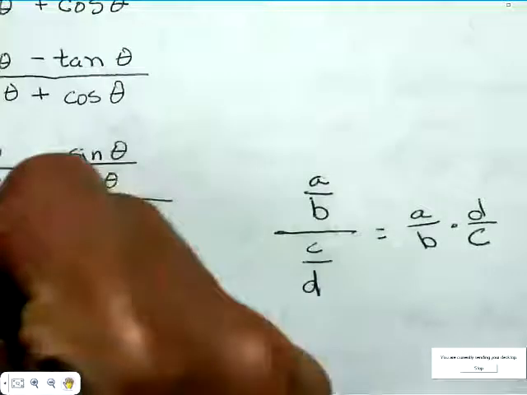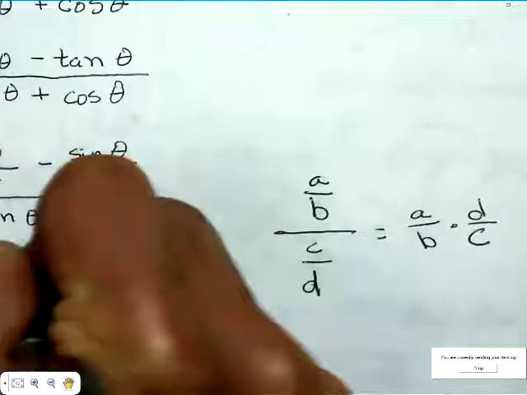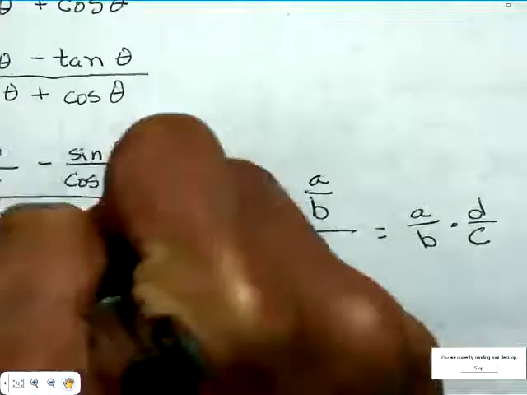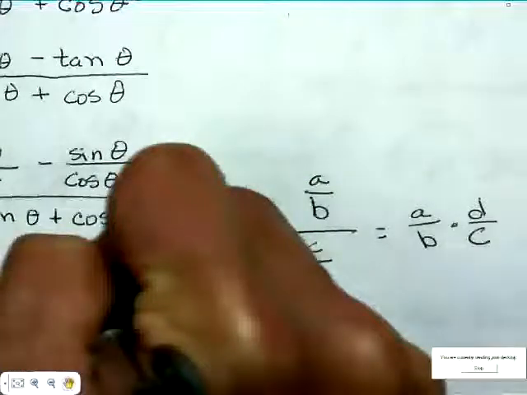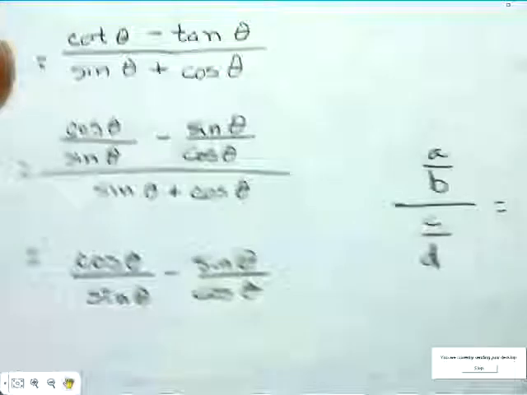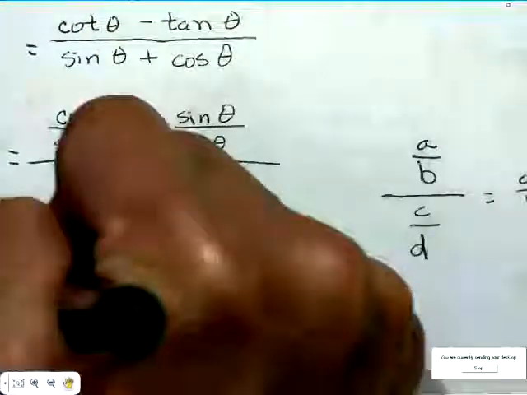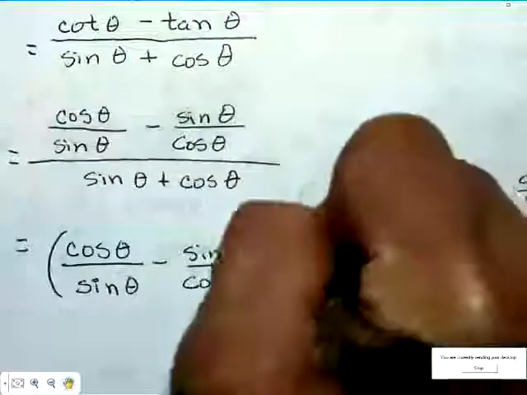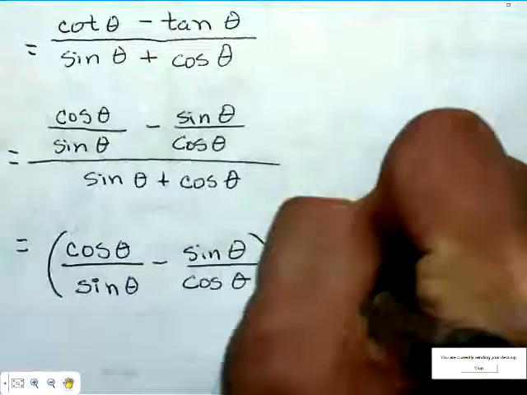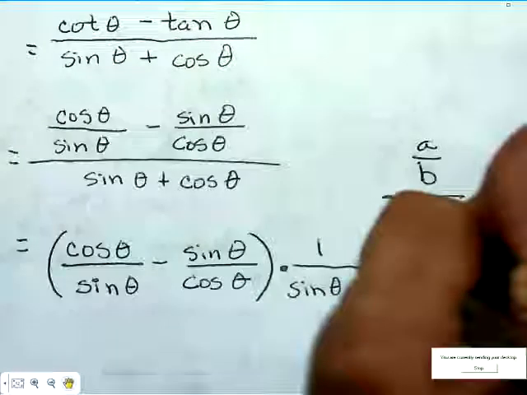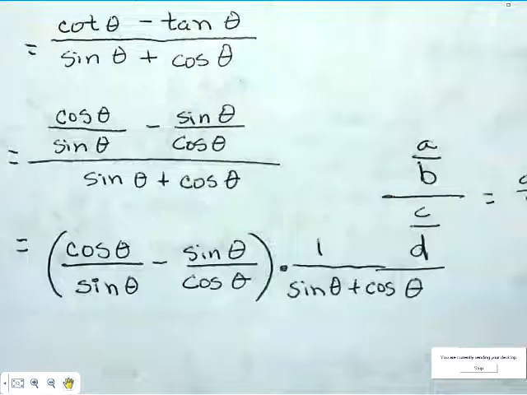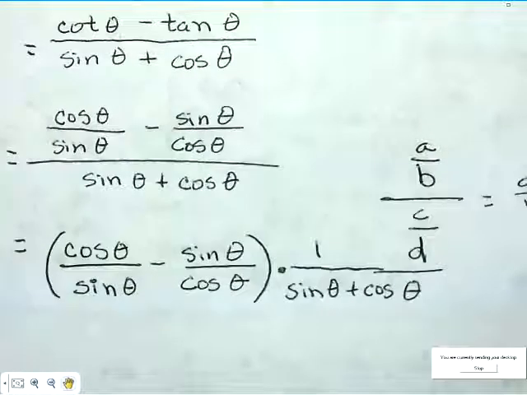All right. Let me write this down and see if I get what you're saying. Instead of divided by sine plus cosine, you're saying multiply by 1 over sine plus cosine. All right, that's legal, absolutely legal.